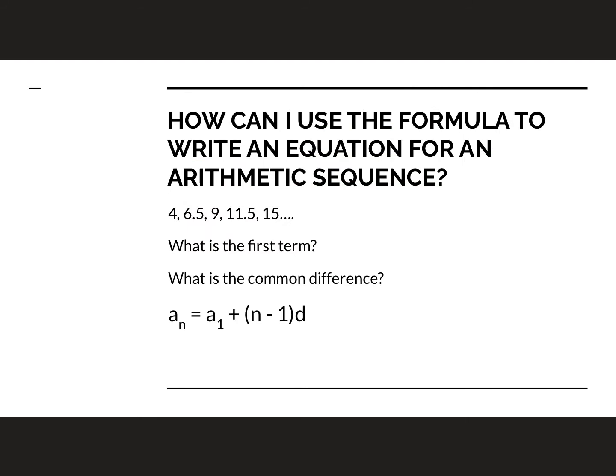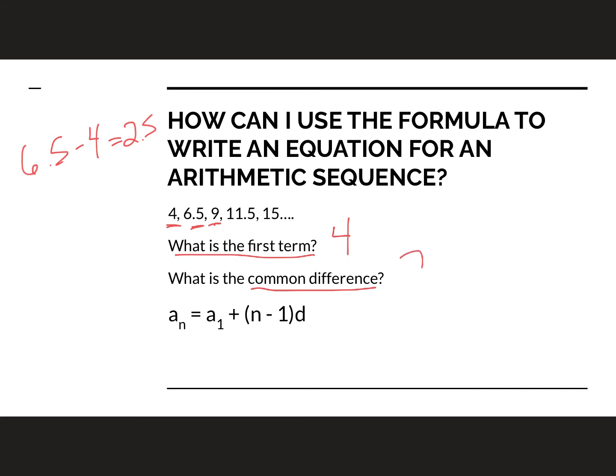The first thing we have to figure out is, what is the first term? In this sequence, the first term is 4. What is the common difference? Remember, to find the common difference, we do the second term minus the first term. So 6.5 minus 4. Put that in your calculator, you get 2.5. You can double check: 9 minus 6.5 gives the same number.